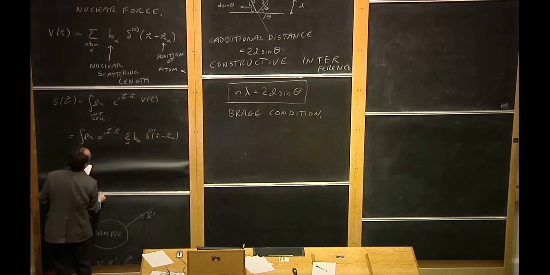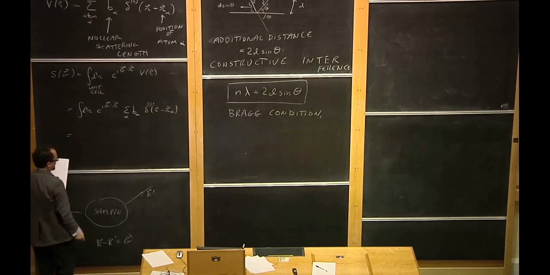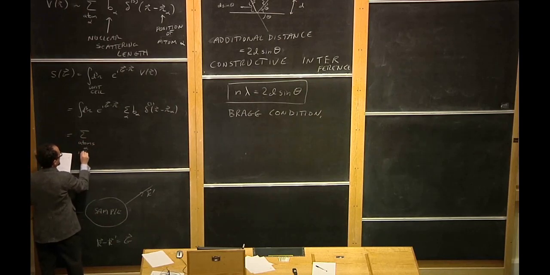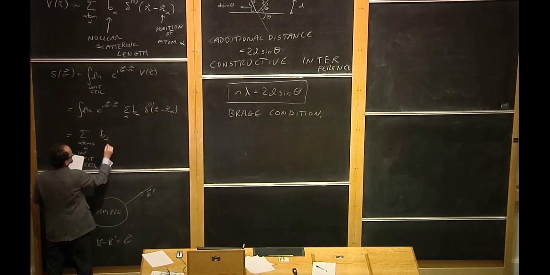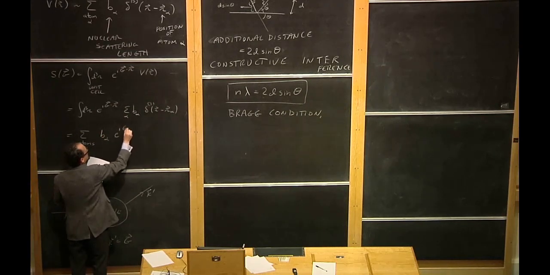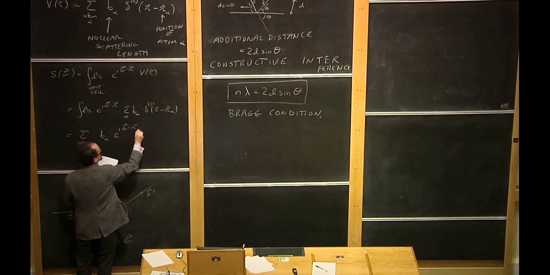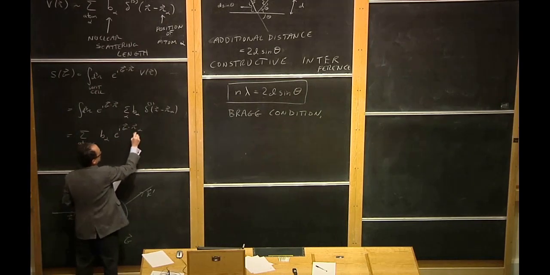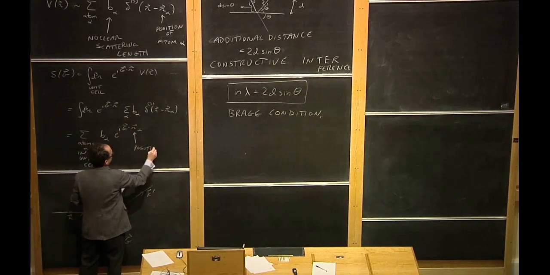Now we let the delta function act, and we get the fairly simple outcome: the sum over atoms alpha in the unit cell of B sub alpha e to the i g dot r sub alpha, where r sub alpha is the position of atom alpha in the unit cell.